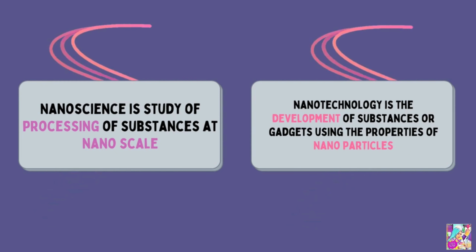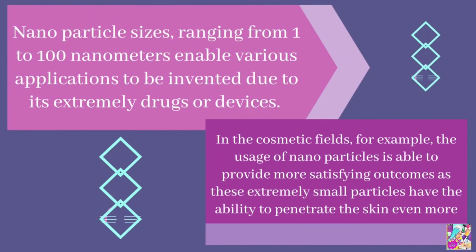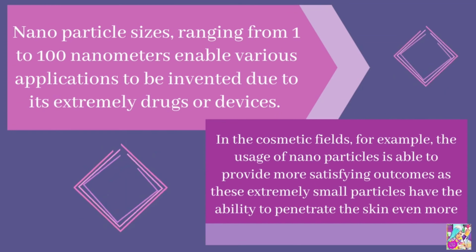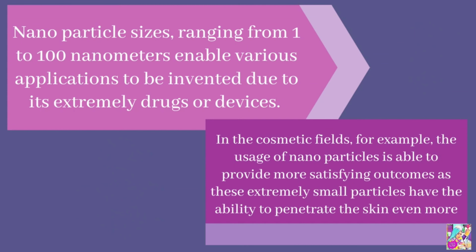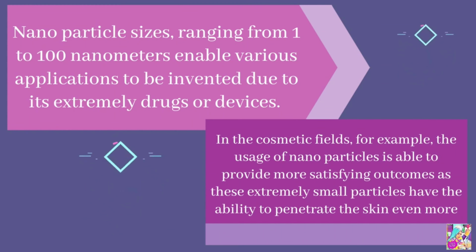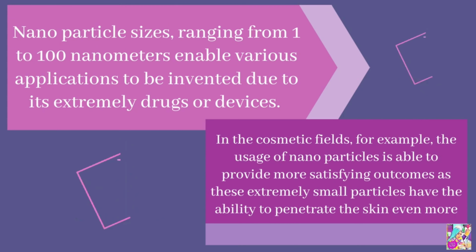This is the answer for question number 1. And for question number 2, nanoparticle size ranges from 1 to 100 nanometers, so it enables various applications to be invented, such as extremely small drugs or devices.